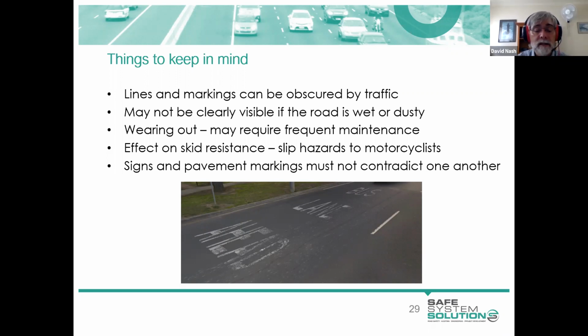In line marking, it's achieved by having a glass bead embedded in the white paint, so a whole lot of white beads which will reflect the light back the way it came. But the refractive index of glass is different if it's covered by water. So you can't see the lines nearly as well in the wet as you can in the dry.